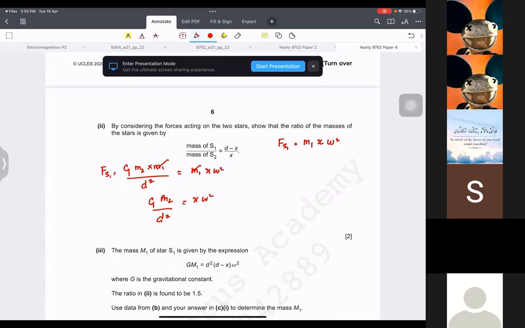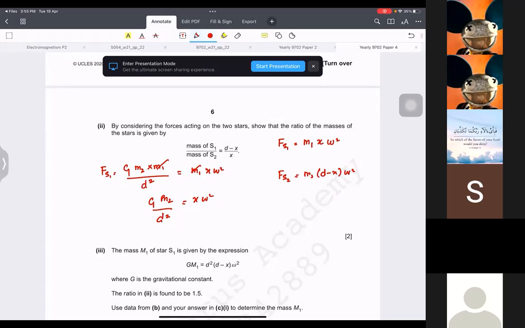To replace omega, I would find the force on S2, which is equal to M2 times D minus X times omega squared.